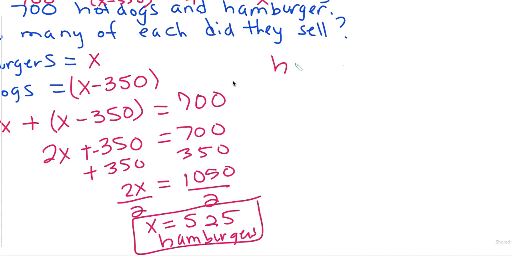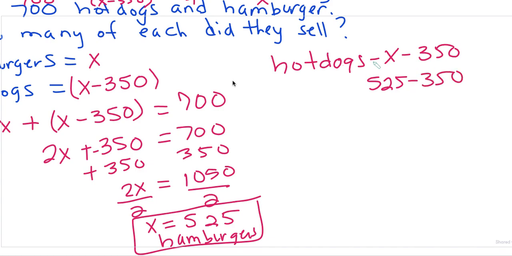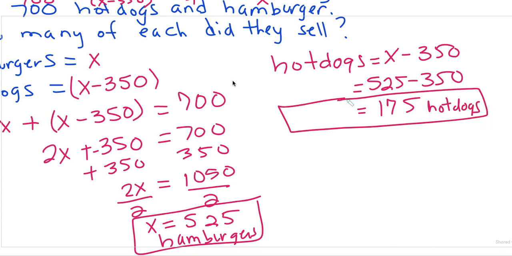So our hot dogs is x minus 350. So we're going to have 525 minus 350 is going to be 175. So that's going to be hot dogs. You can also write it on the front.